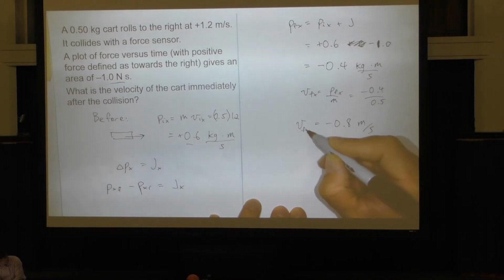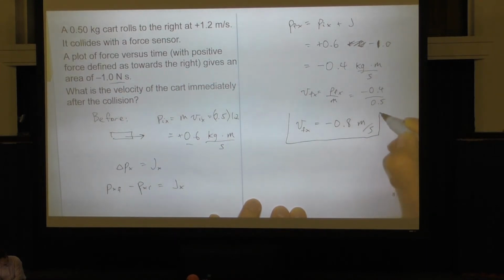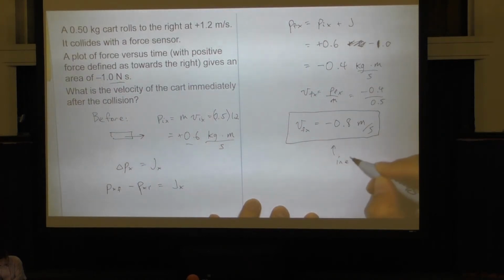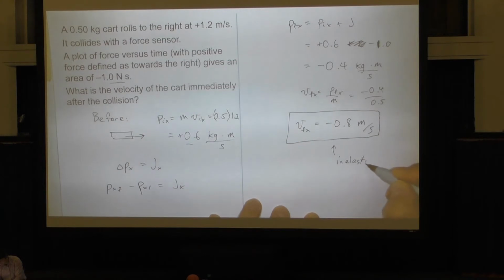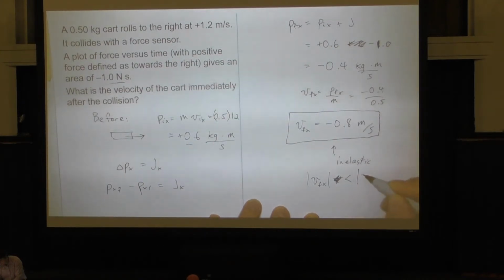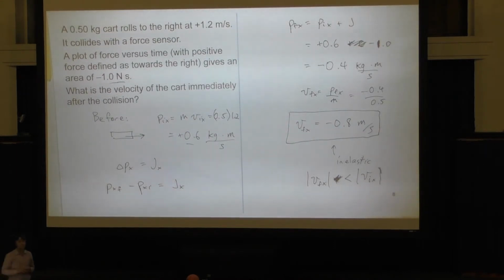So its final speed is 0.8, and its initial speed was 1, so that's why I think it's inelastic. Okay, because the absolute value of v final x is less than the absolute value of v initial x. So energy was lost.